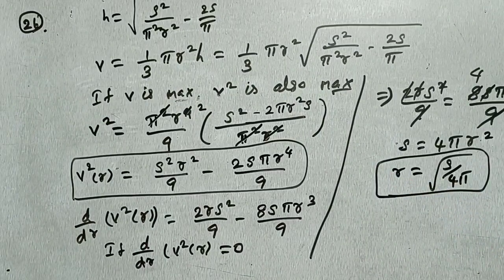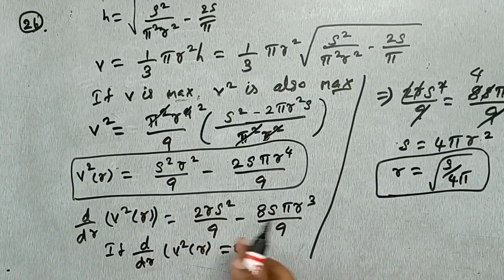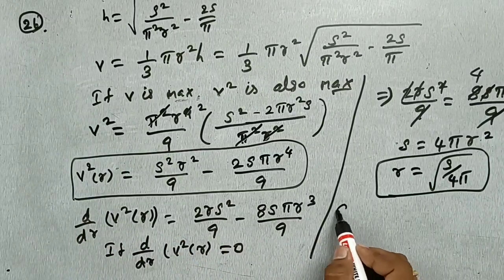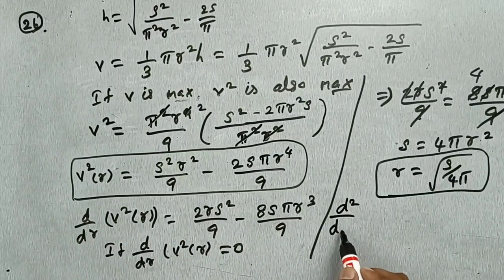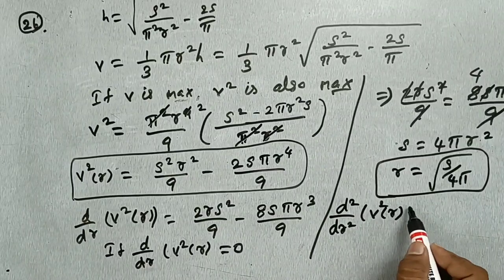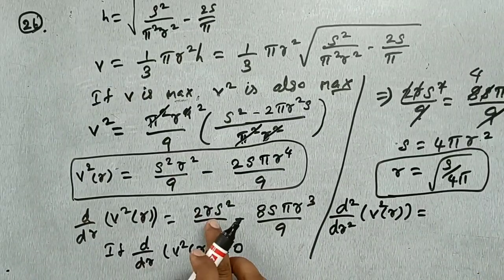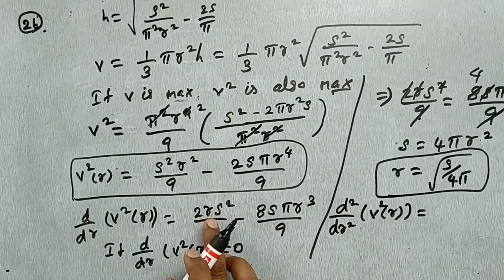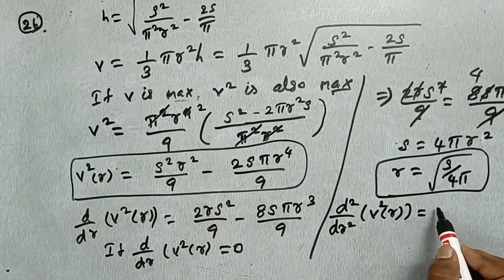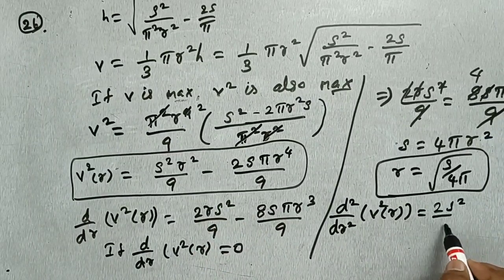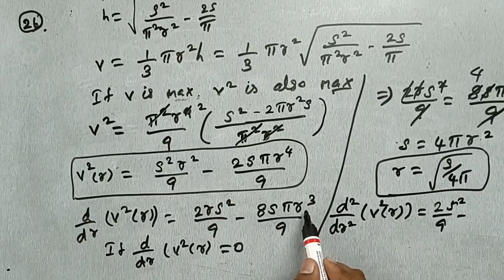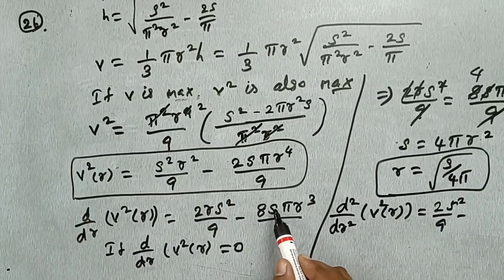Now we will find the second derivative. Second derivative means we have to differentiate this again with respect to R, that is d square by dR square of V square of R. So differentiation of this, only R is available, so differentiation of R equals 1, that remaining will be 2S square by 9 remaining, minus the differentiation of R cube equals 3R square, already 8 is available.